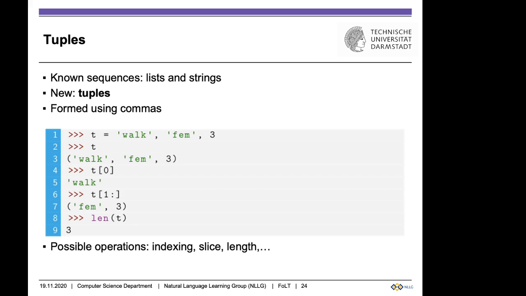And notice that the operations that we have learned before to operate on strings and lists can also be used to operate on tuples. For example, we can get the position of a particular element in the tuple. Also, we can get subtuples by passing a range of indices as an input. Also, we can get the length of the tuple.